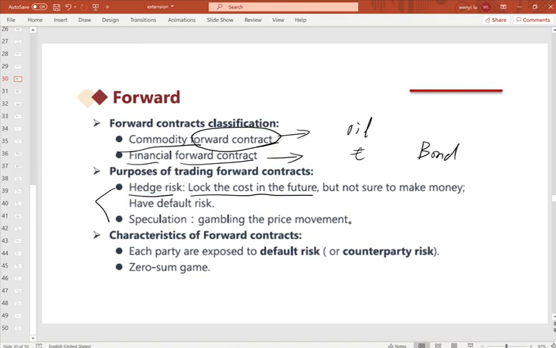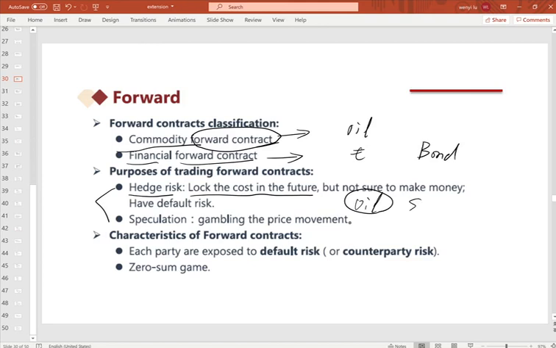It's hedging. For example, ExxonMobil will deliver a lot of oil to retailers three months later. For now, the oil price is very cheap in the market, but ExxonMobil is worried the oil price will go up in three months. What will they do?